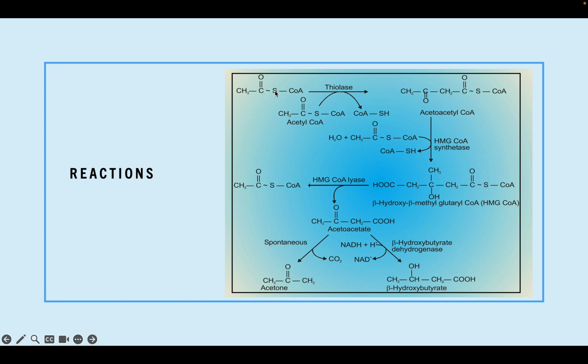So this is how the reaction proceeds. You have one acetyl coenzyme A, and then another molecule of acetyl coenzyme A. With the help of thiolase, the thiol group is broken down, and this acetyl group condenses with the acetyl coenzyme A and forms acetoacetyl coenzyme A. Now to this acetoacetyl coenzyme A, another acetyl coenzyme A group binds and releases the CoA SH group and forms the 6 carbon compound.